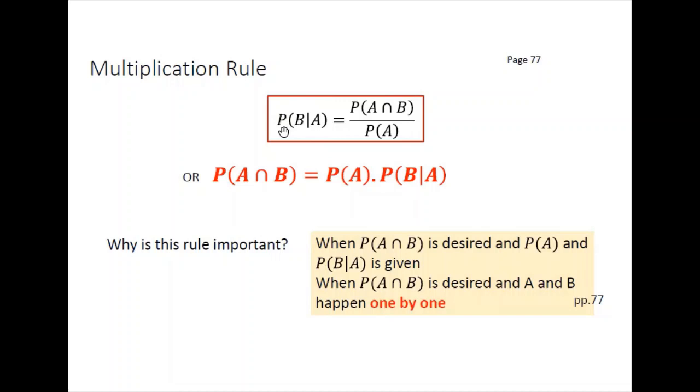You can see here that the probability of B given that A is equal to probability of A intersection B divided by probability A. So the probability of event B occurring, given that event A has occurred previously, is the probability of both A and B occurring divided by probability of A occurring.